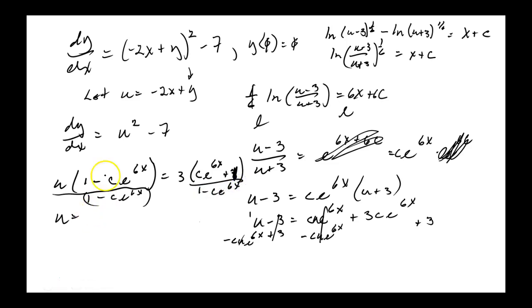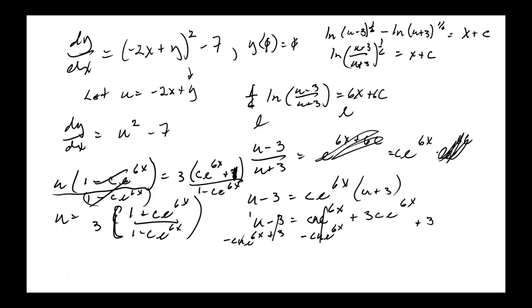All right. So what we have then is u is equal to 3 times, I'm going to reverse the order of this, 1 plus c e to the 6x over 1 minus c e to the 6x. It just looks better to write the same. That's our one parameter solution in u. But wait a minute.